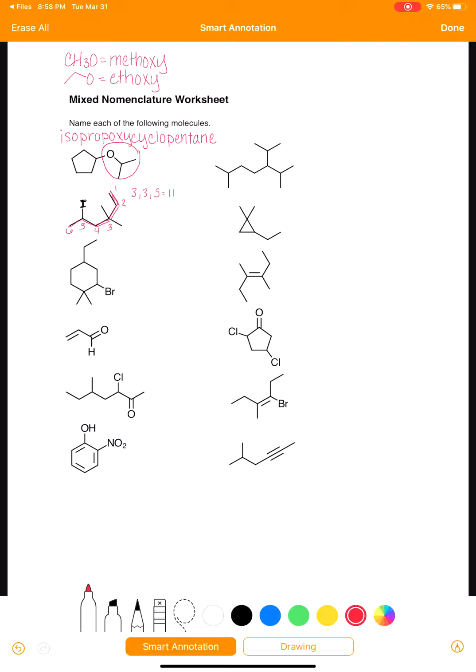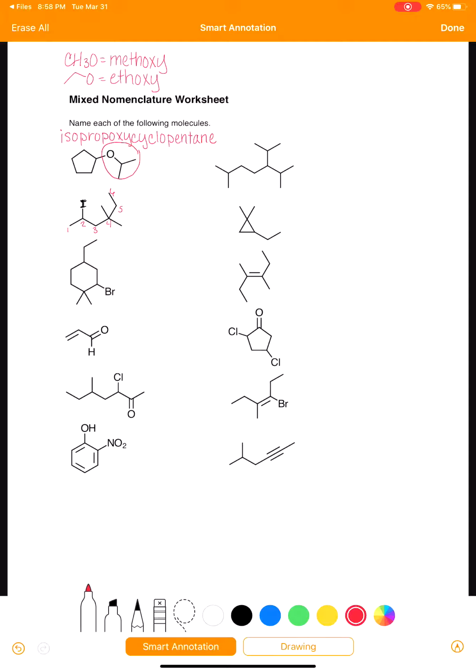If I go the other way with it, I'm going to get 2, 4, 4, ooh, 10. That's actually the better way. So I was wrong. Good thing I checked both ways. So there's the numbering system that we want to use for this one.